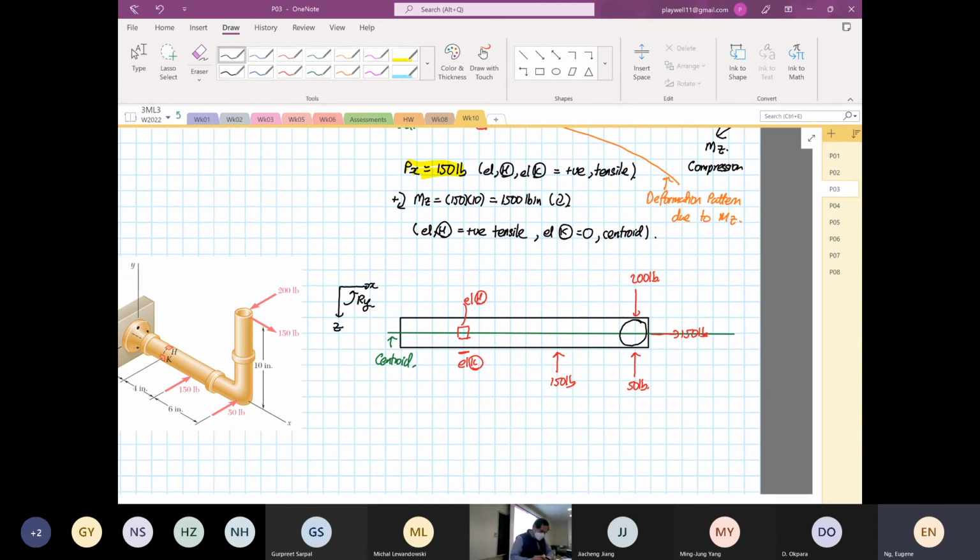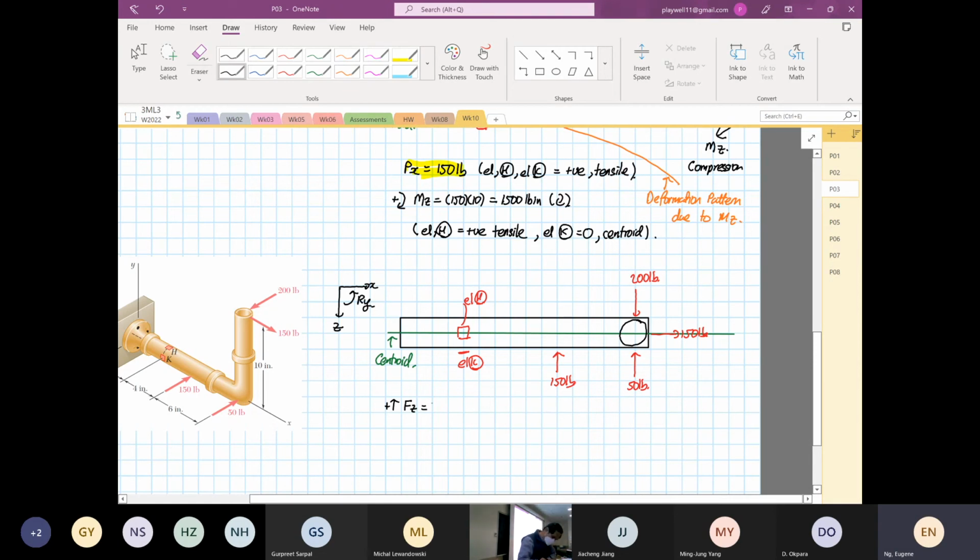I'm going to say that over here, positive is going up. So we are going to do forces in the Z direction. Going up is positive.